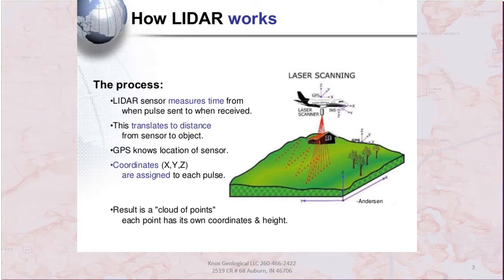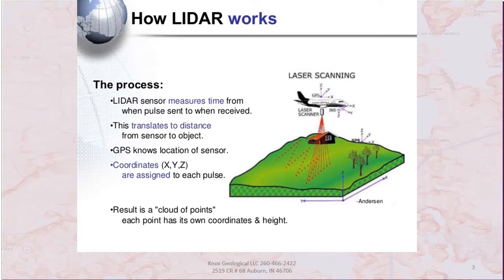GPS has been a big help in LiDAR, just being able to know exactly where you are on the face of the Earth. Laser scanning has been around a long time, but it's been the advent of GPS that has really made it quite usable. So you get an XYZ assigned to each pulse, and you get billions of these pulses on a big airborne survey.